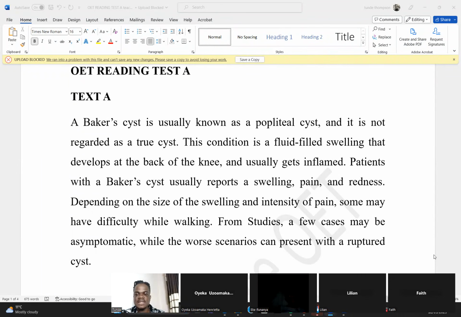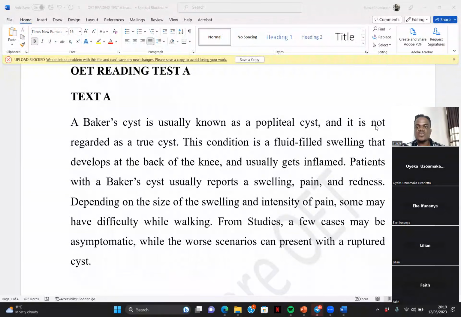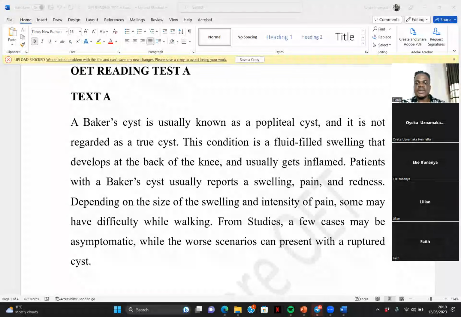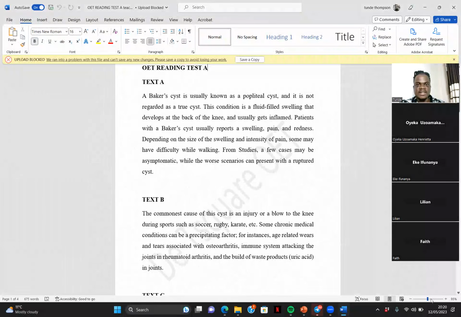All right, let me see if I can reduce this size. It may affect the clarity.